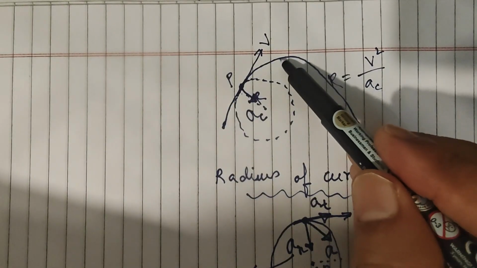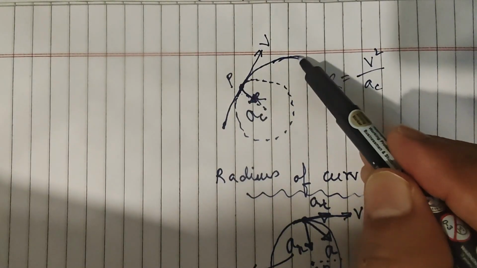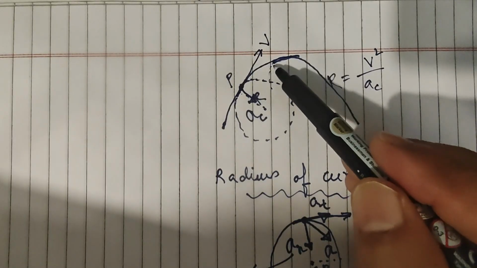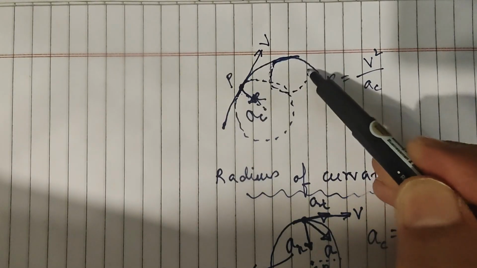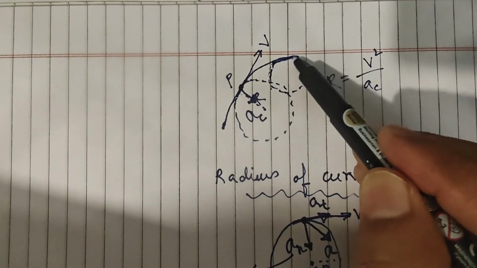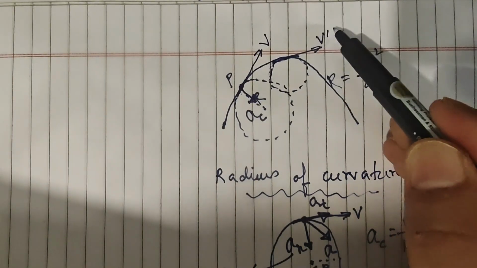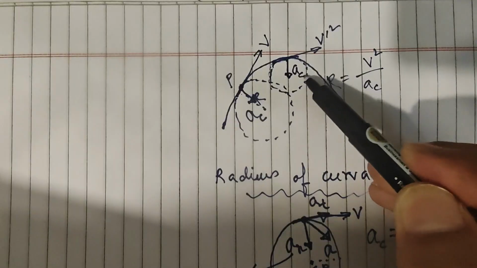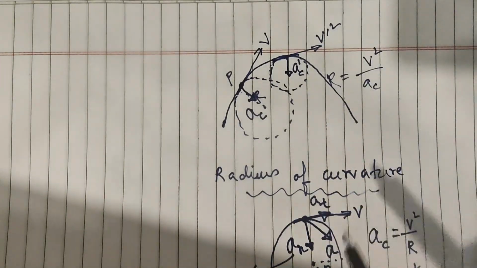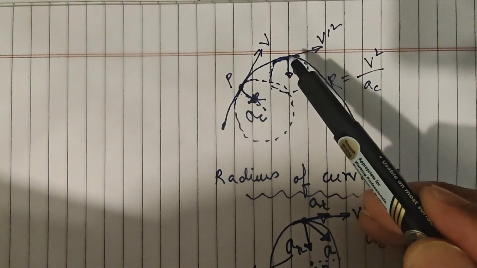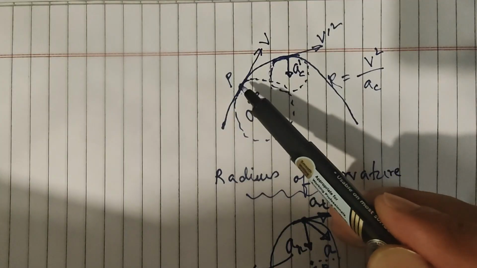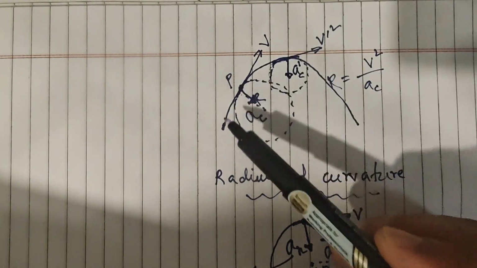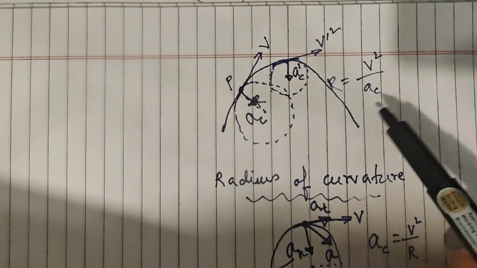Similarly, at this point you can see it is more curved here, right? More curved. So if it is more curved, radius will be smaller. So here also find the velocity squared, then divide by the centripetal acceleration a_c dash. Let me write: dash is for this point and without the dash is for this point. So that way, for any point, we can find the radius of curvature by using this formula.